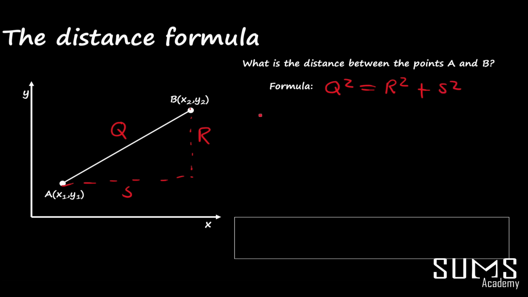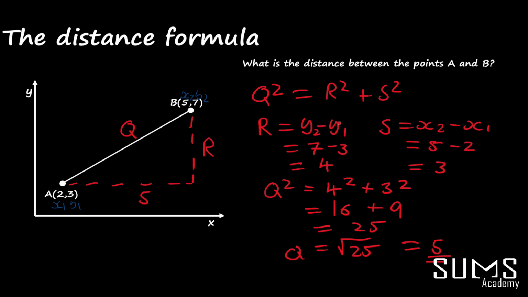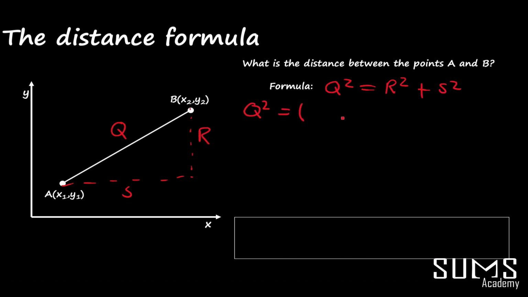But we're going to sub in the coordinates y2 and x2 and y1 and x1. So we go Q squared equals, and as we said on our previous slides, R is equal to y2 minus y1, and S is equal to x2 minus x1. So we're just going to go ahead and sub that in.